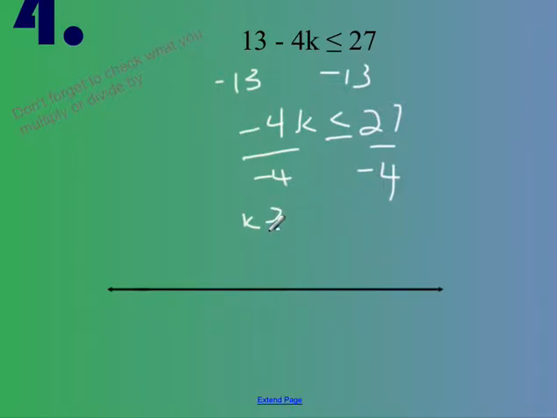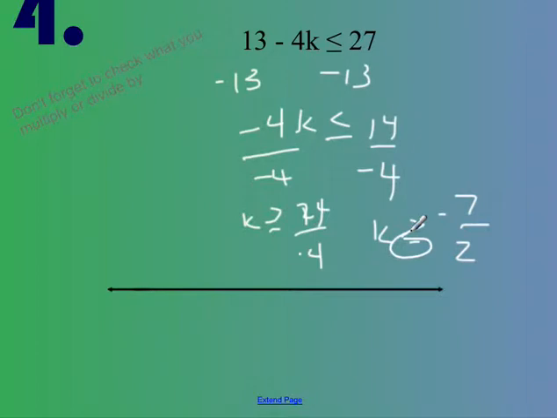So now it's going to face the k instead. And I'm going to have 20, or sorry, that should be 14 here. Sorry about that. So I'm going to have 14 divided by a negative 4. Well, that fraction can be reduced. Both 14 and 4 are divisible by 2. So that ends up becoming negative 7 halves.